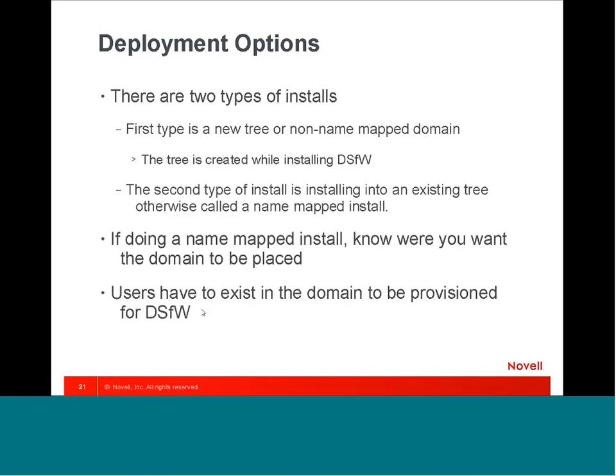So know where you'd like it, and which users need access, need to act like they're in a domain. That's the key to your placement. Probably the biggest thing to think about.